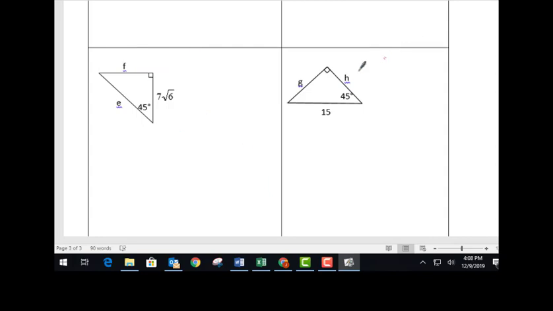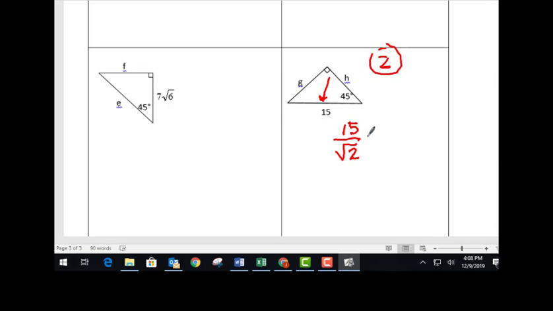And last one, we're given the hypotenuse. We want to find the legs. So I know this would be scenario number 2. I could go backwards and say, I'm given the hypotenuse, so I have to divide by the square root of 2.